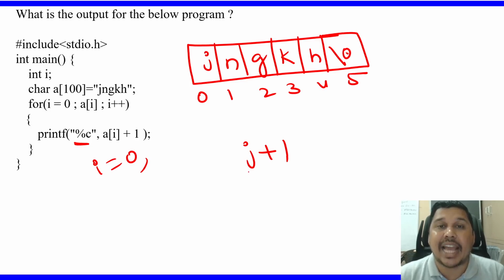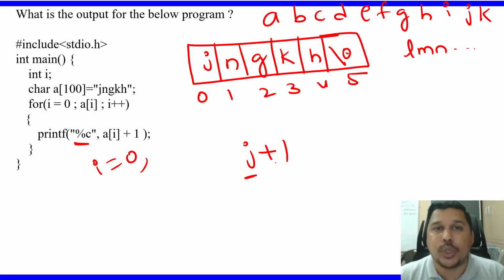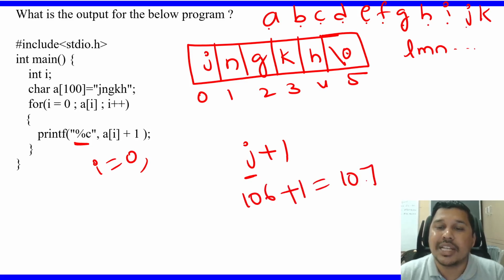It will take the ASCII value of J. So we have alphabets A, B, C, D, E, F, G, H, I, J, K, L, M, N, and so on. Right. So it will take the ASCII value of J and add 1 to it. So what is the ASCII value of J? 97, 98, 99, 100, 101, 102, 103, 104, 105, 106 plus 1. 107 is the value.